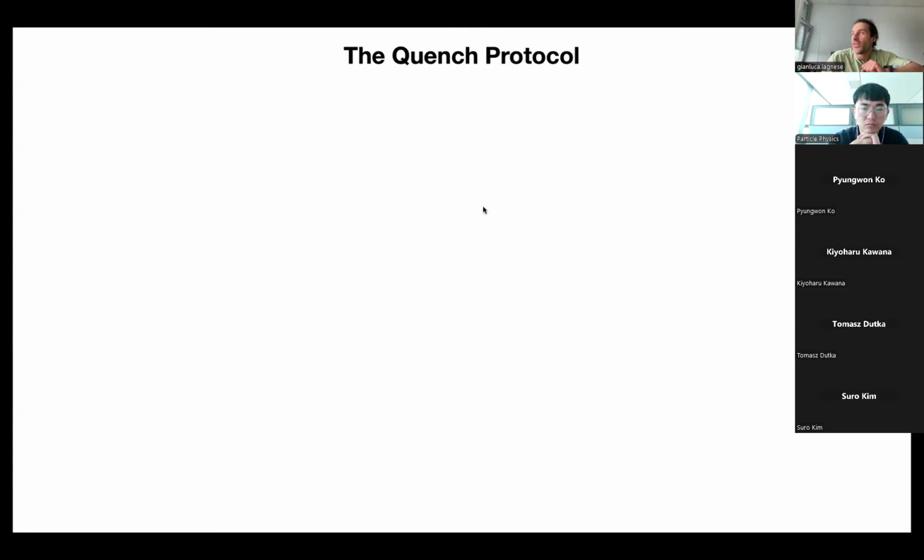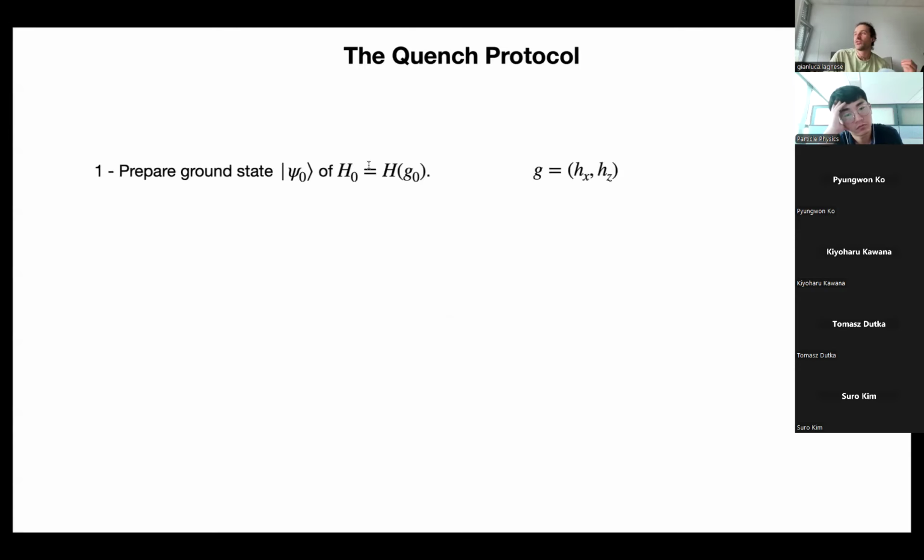Out of this, the idea of a quench, all that is behind this non-equilibrium setup, is encoded in this protocol, which is also experimentally relevant because experiments can realize it. You prepare your ground state. You pick a certain Hamiltonian that depends on a set of parameters, in our case hx and hz, and you prepare the ground state of your many-body Hamiltonian.